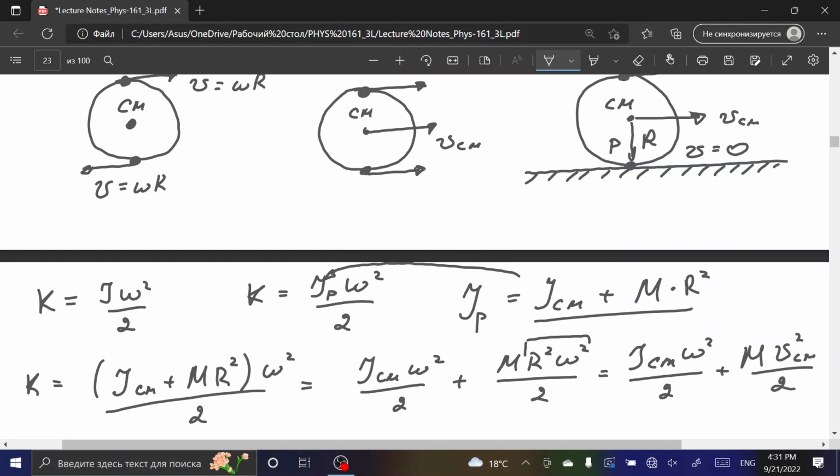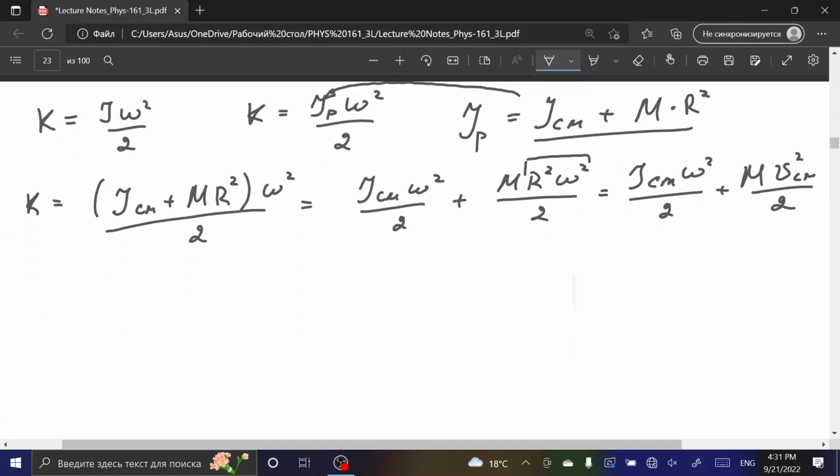So we see here that we end up with two components of kinetic energy, rotational and translational motion, which of course have to be taken into account because otherwise you can misinterpret some conditions.